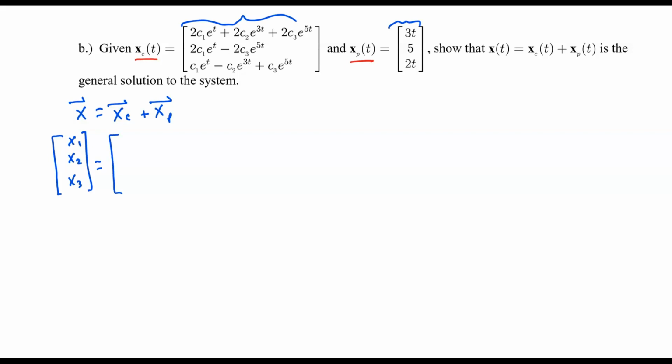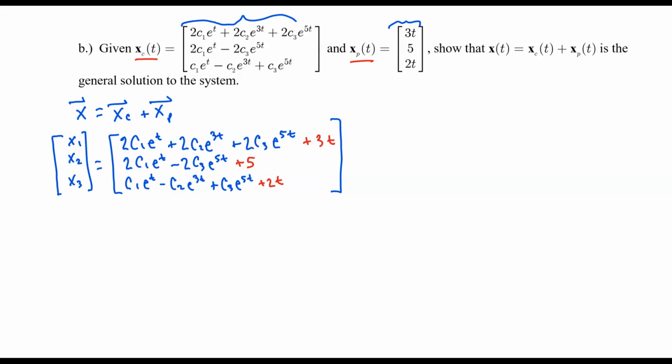Now I'm going to pause the video to do this, and I'll be back in a split second. All right, that was quick. You can see I've taken the terms of x sub c and tacked on the term x sub p there on the end. So x sub p terms are there in red for you to see. So that's what our general solution looks like.